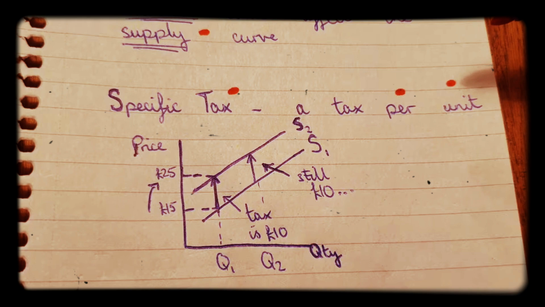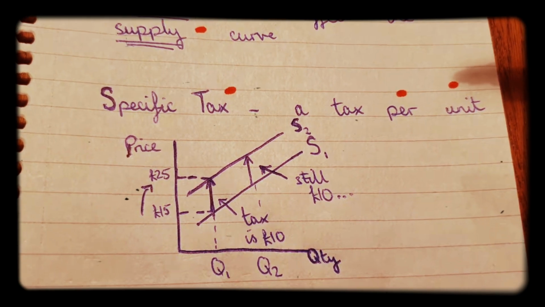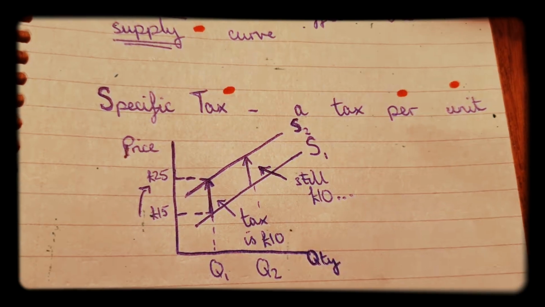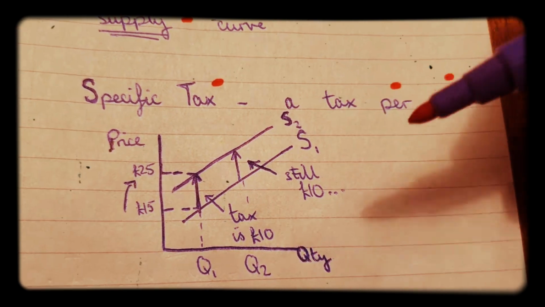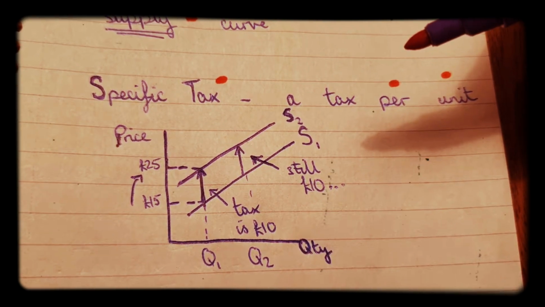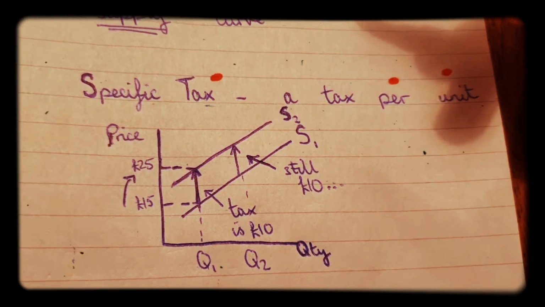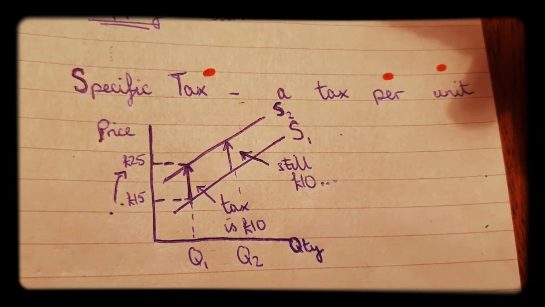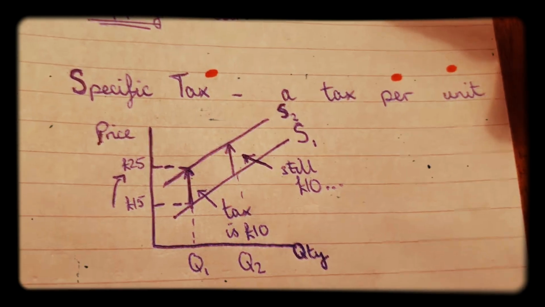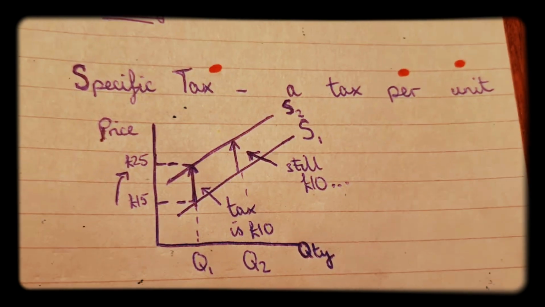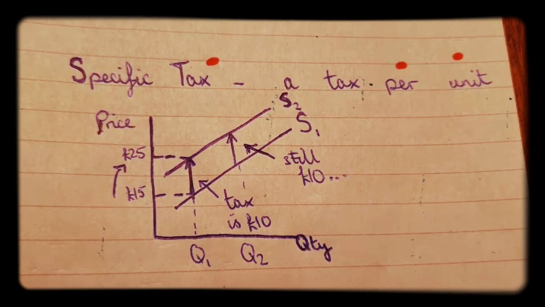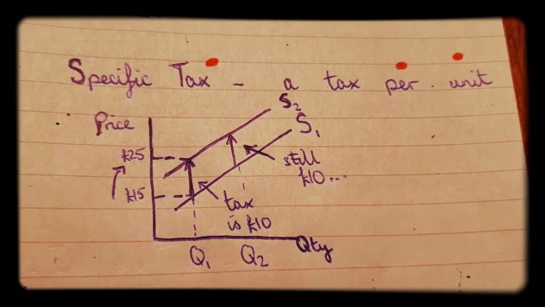So you're not taxing as a percentage of the price. You're taxing, for example, every single unit, such as per packet of cigarettes. If every packet of cigarettes had £4 worth of tax on it, every single person who buys a pack would be paying £4 worth of tax.